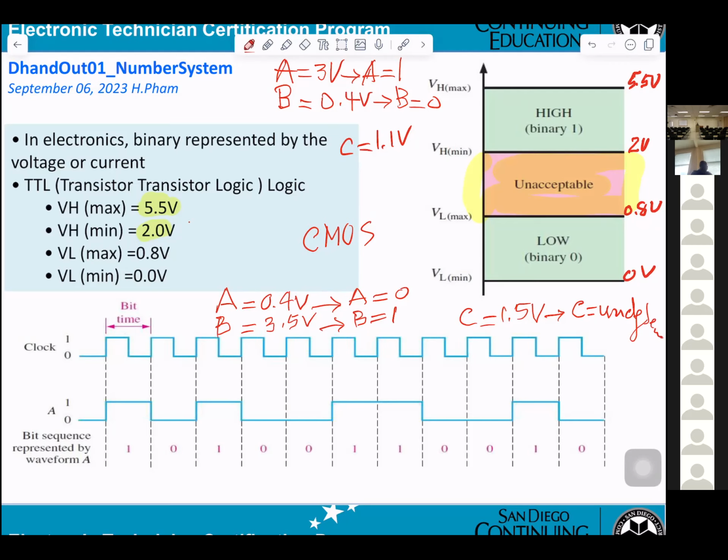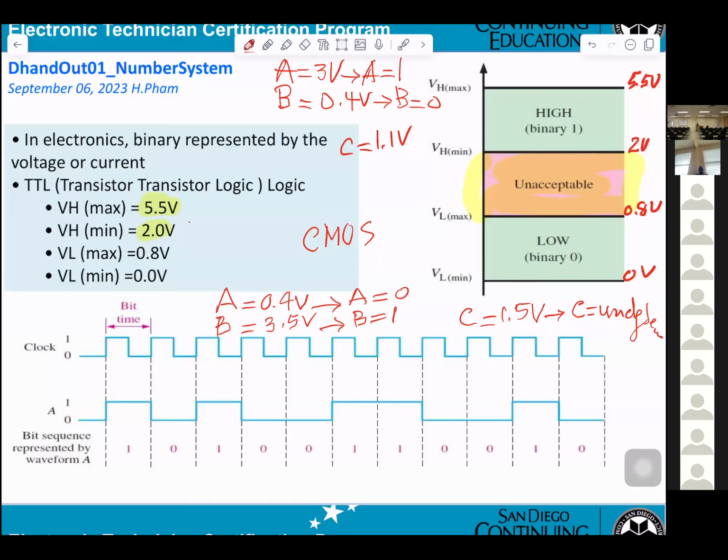Transistor logic. You already learned transistors. Basically, digital circuitry is built from transistors. Sometimes you can see CMOS. That means a different technology for the same logic function.